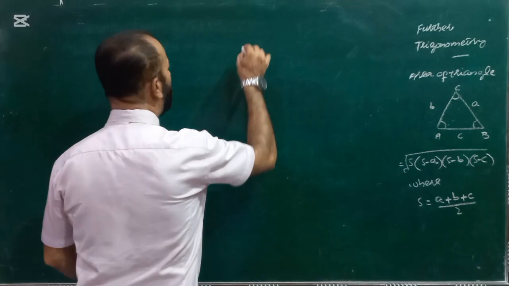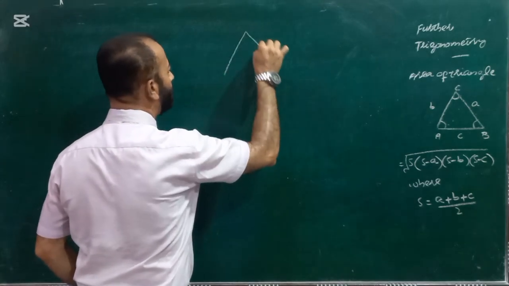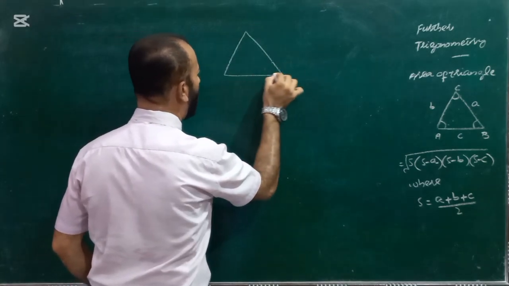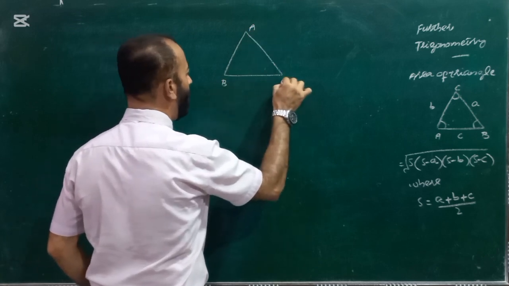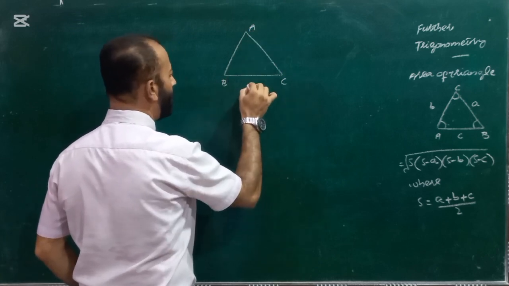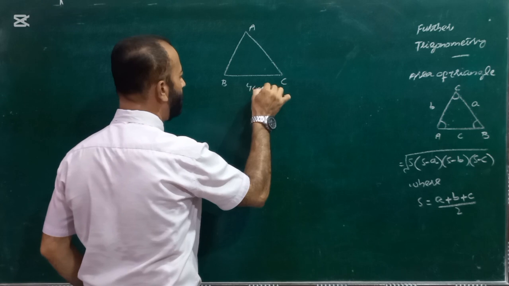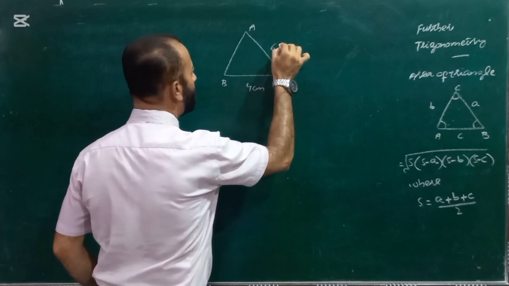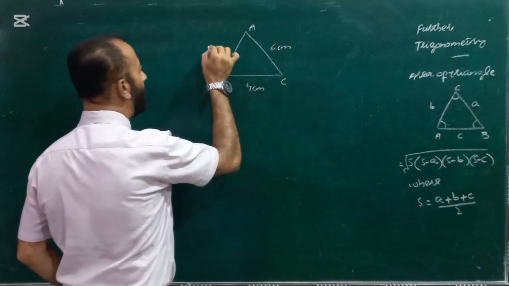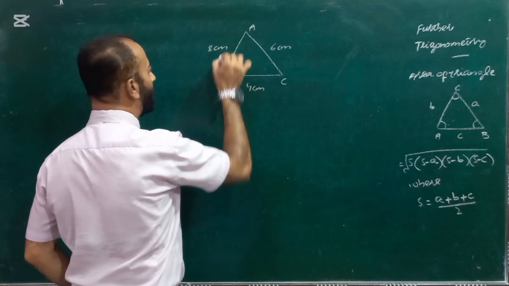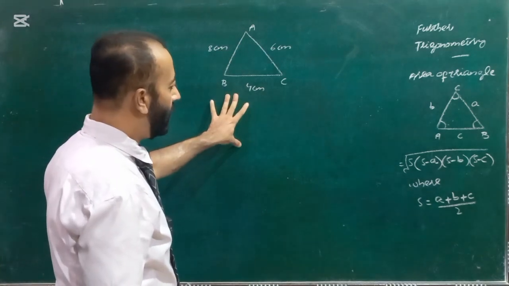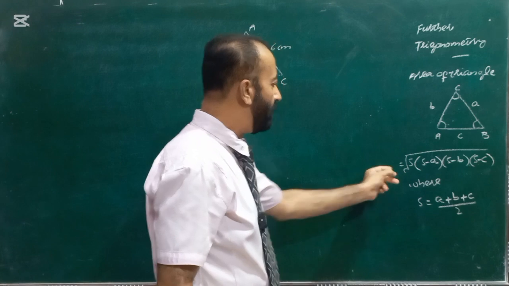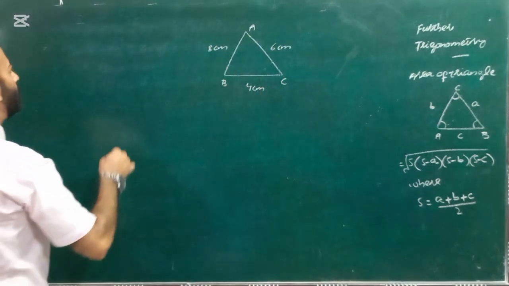So look now here, if we are given a triangle ABC in which this side is 4 centimeter, this side is 6 centimeter, and this side is 8 centimeter. And if we are required to find the area of this triangle, so then this concept will be used. So look now.